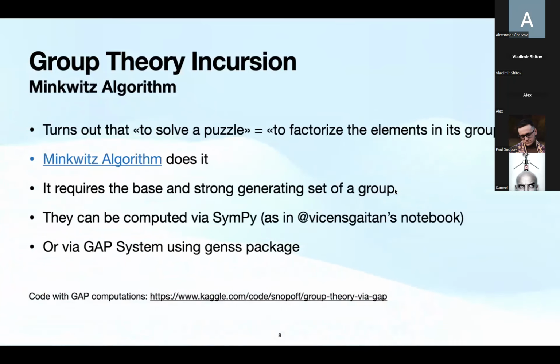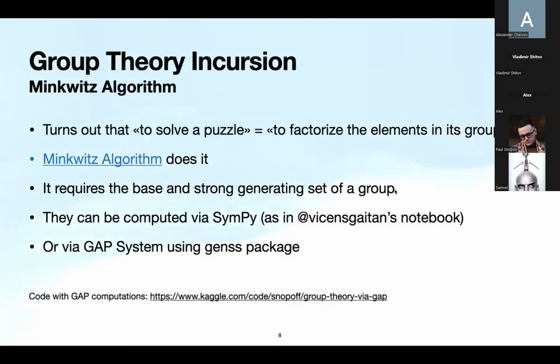Another topic in group theory is the Minkwitz algorithm. It turns out that to solve a puzzle is basically to factorize elements in this group. In some sense, it's just a purely tautological sentence. And there is the Schreier-Sims algorithm and the Minkwitz algorithm, which is a part of that, I suppose, which actually does it.